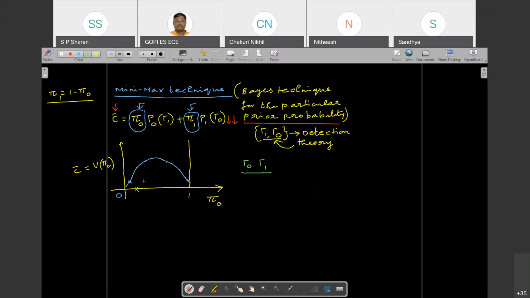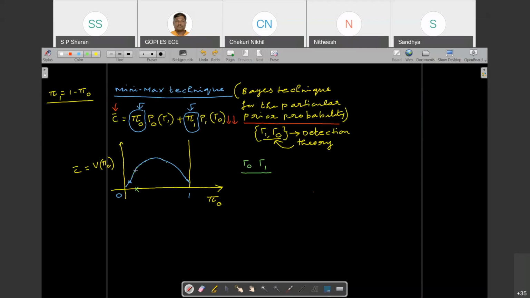The problem is, suppose that you have designed the Bayes rule with a particular prior here.